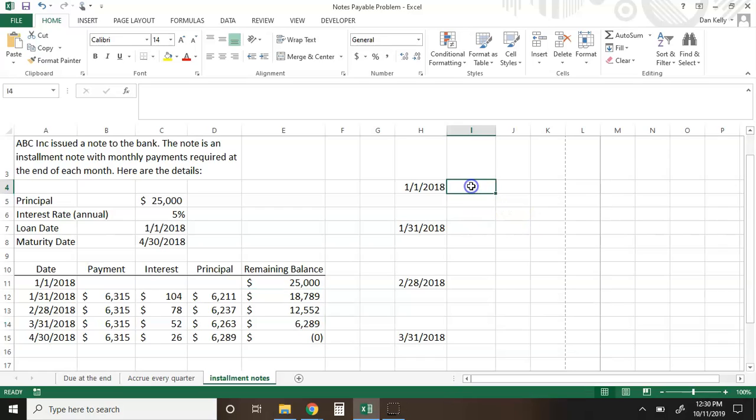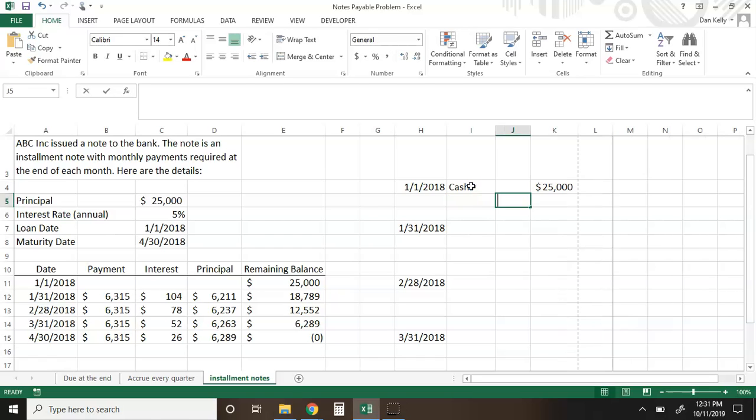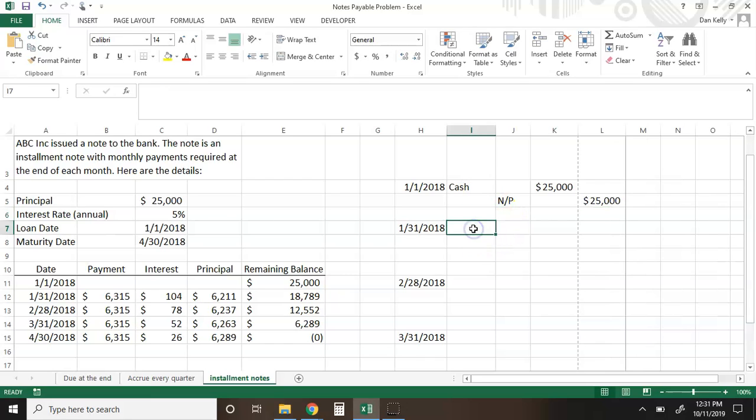So the first day the loan is made, or the money is borrowed, we debit cash and we credit notes payable. On 1/31 of 18, we're going to be reducing notes payable. We're going to be recording interest expense, and we're going to be crediting cash.